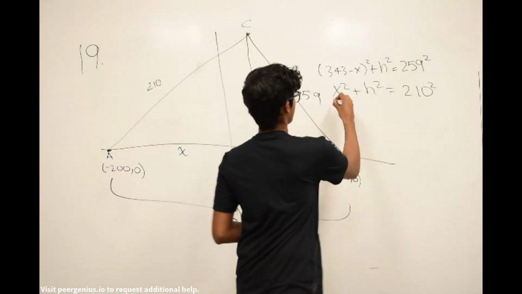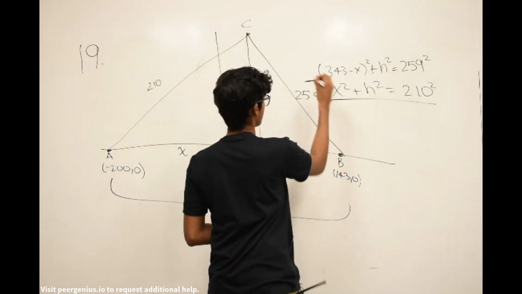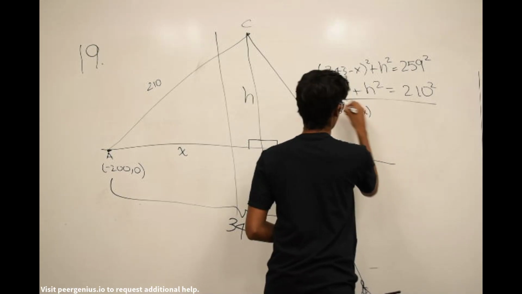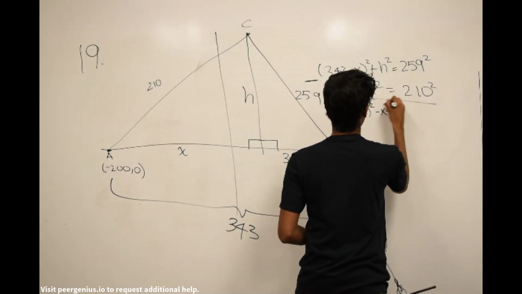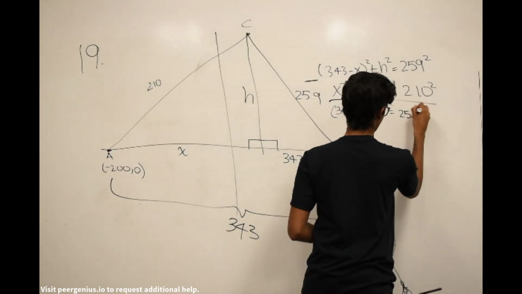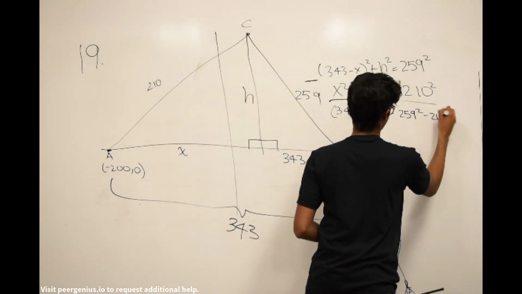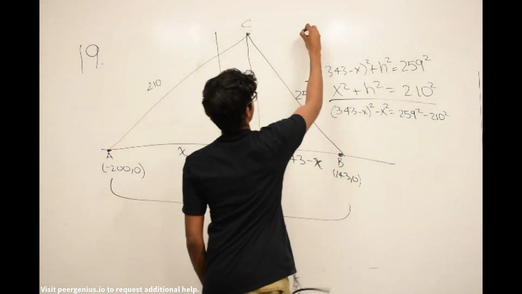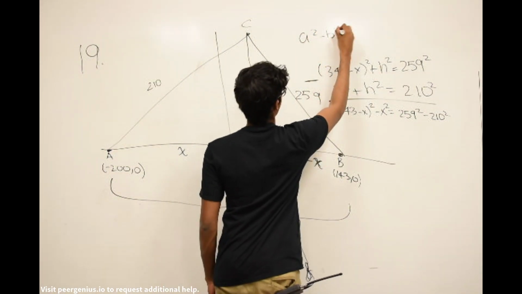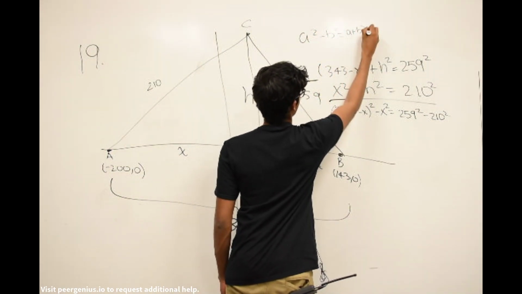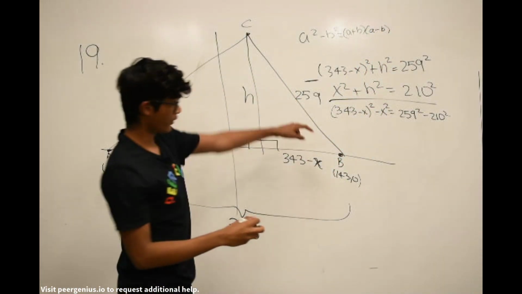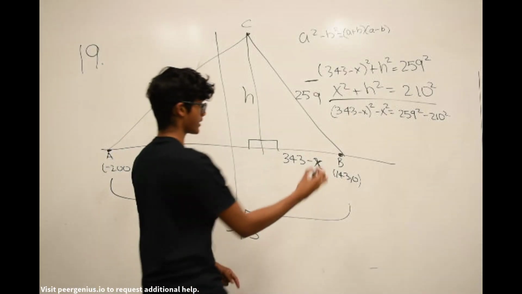If you subtract these equations from each other, you get (343 minus x) squared minus x squared equals 259 squared minus 210 squared. By difference of squares, a squared minus b squared equals (a plus b) times (a minus b).